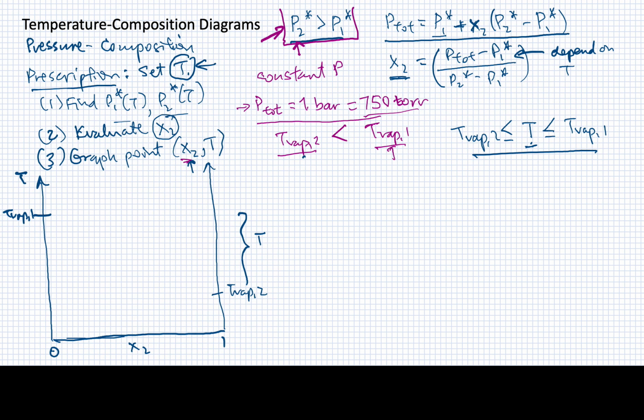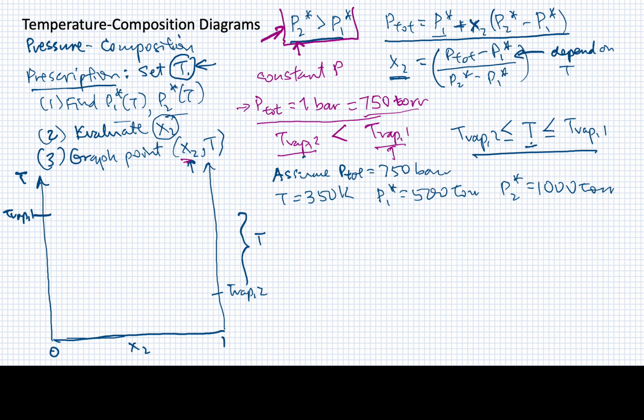All right. So as an example, let's do a quick example. Let's assume, as I have up above, that our total pressure is just 750 bar. Okay, so that's 750 bar. Now let's suppose that for the particular substance I have at a temperature of 350 K, the pure substance vapor pressure for component 1 is going to be 500 torr, and the pure substance vapor pressure for component 2 is going to be 1,000 torr.